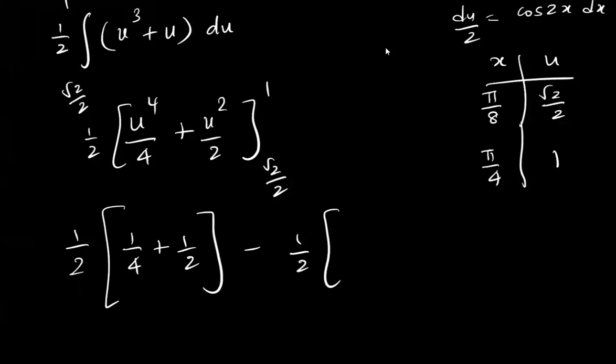root 2 over 2 to the power of 4. Root 2 to the power of 4 is how much? 2 times 2 is 4. And then 2 to the power of 4 is 16. 16 times 4, plus root 2 over 2 squared, that is 2/4, 1 half, 1/4.